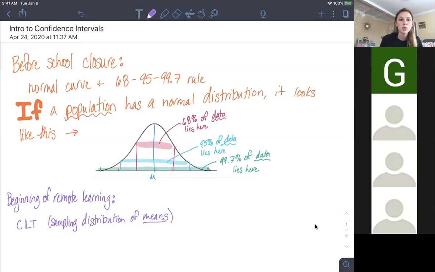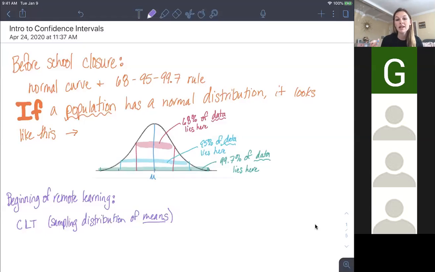Before school closed, actually even literally the Friday when school was technically announced closed, but my 6 block was nice enough to still show up, we talked about this idea of a normal curve and that 68, 95, 99.7 rule. What this tells us is that if you have a population that is already in a normal distribution, it's going to look like that beautiful normal curve, and then we can lay out these percentages.